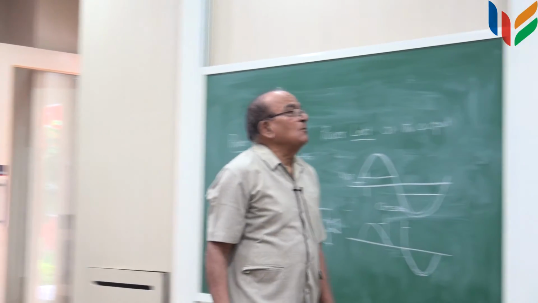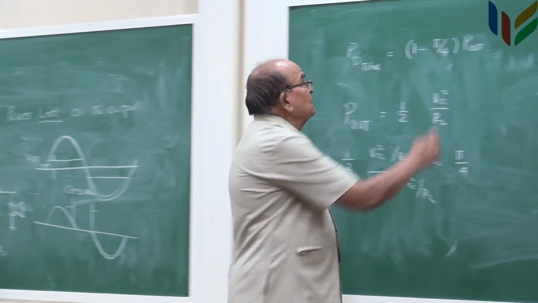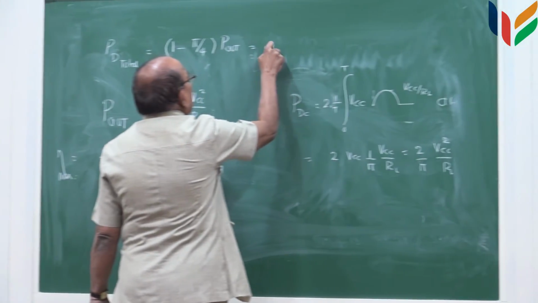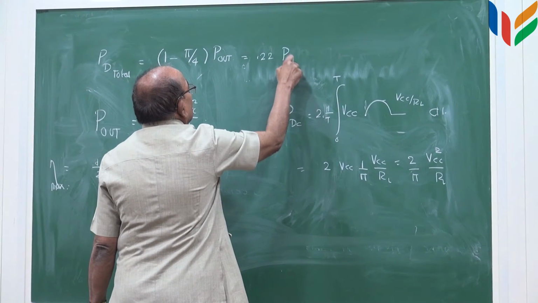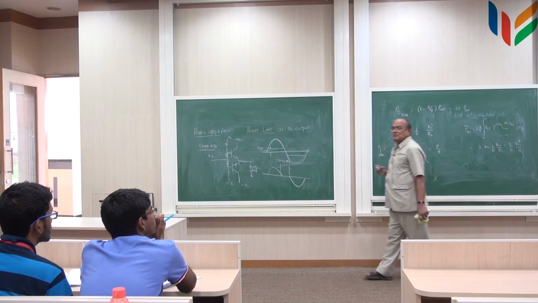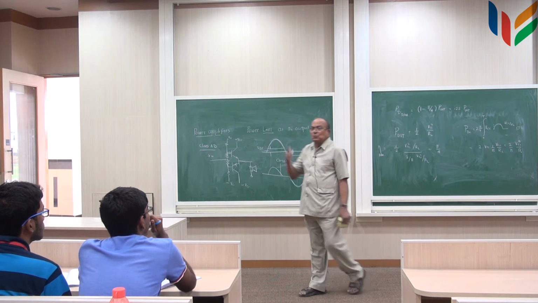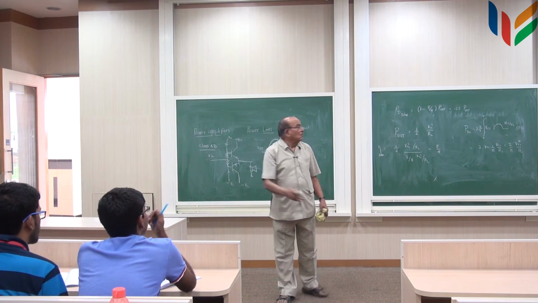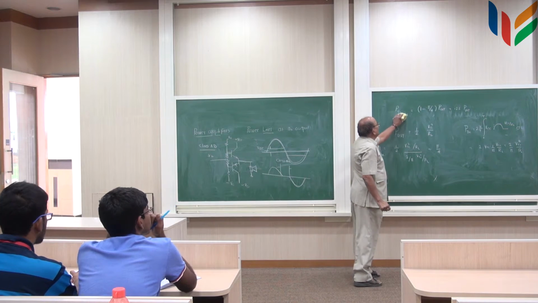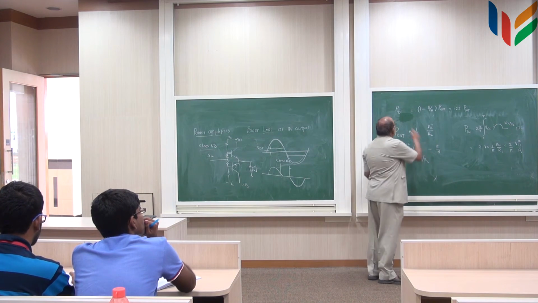Okay. How much does it come out to be? 0.22 of Pout. This is in two devices. So, half of that will be in one device, in each device.